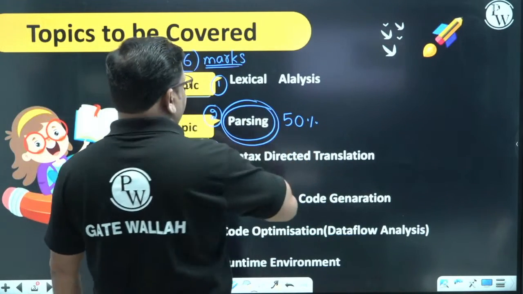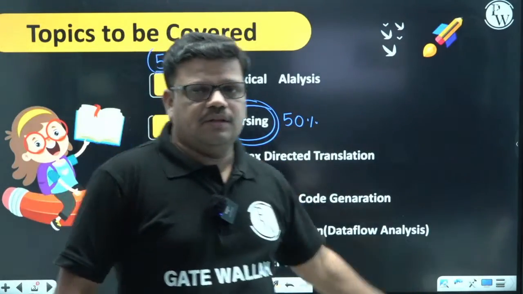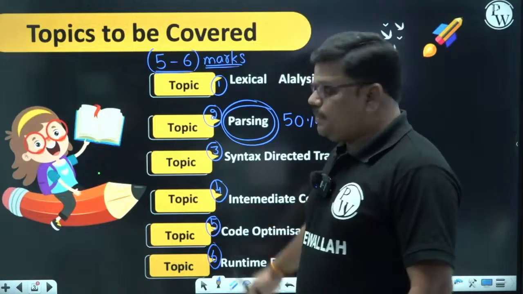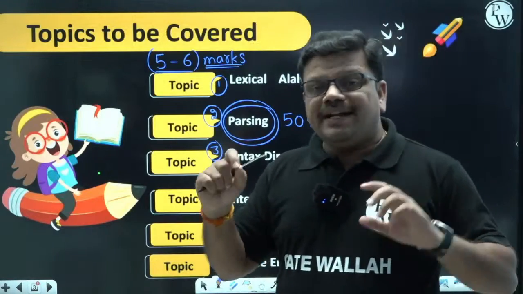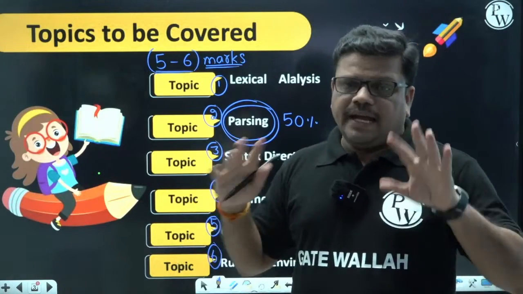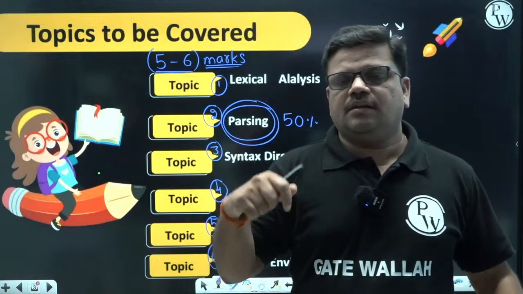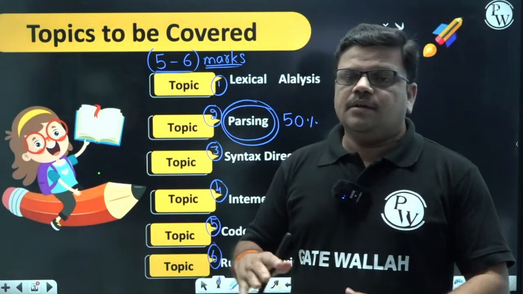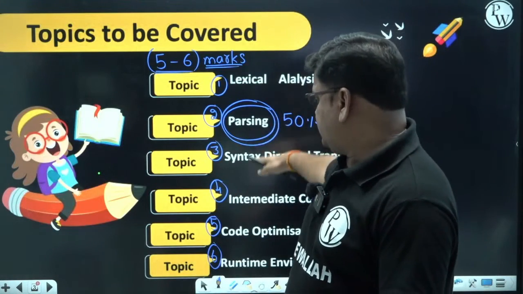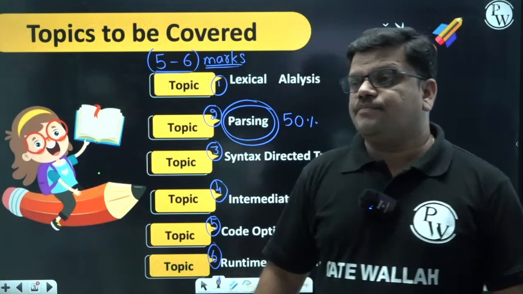Parsing is very, very important. Actually, the whole compiler design is all about parsing. If you know parsing, nothing is left in compiler design, because every concept is connected with parsing. Right.